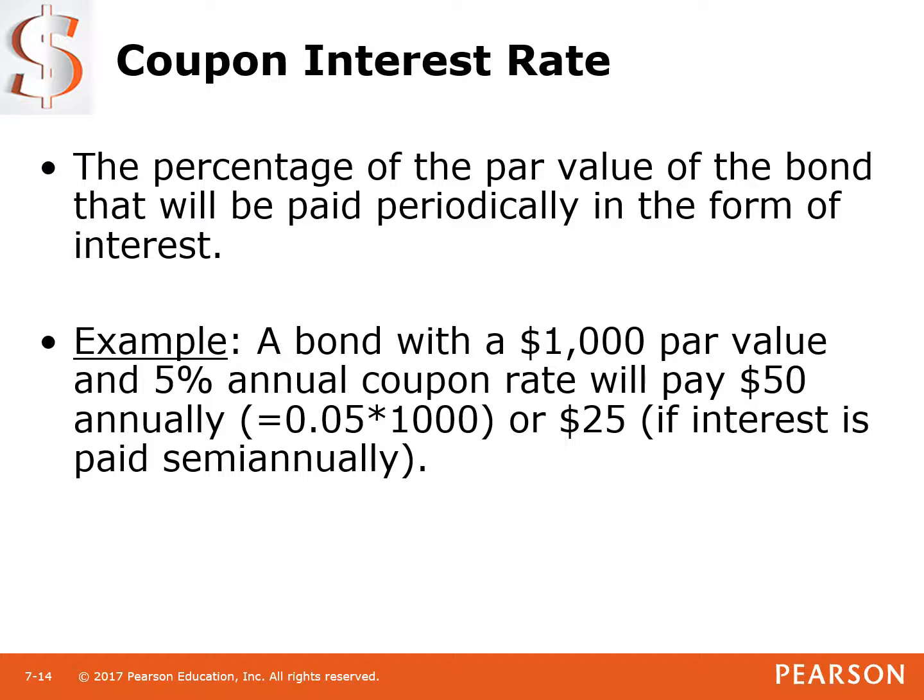For example, a bond with a $1,000 par value and 5% annual coupon or stated rate will pay $50 annually, 5% of par, and that's always how you calculate the interest payment. The coupon or stated rate on the bond certificate times the par value. If it's paid twice a year, you would split that in half, and the bondholder would receive $25 every 6 months.